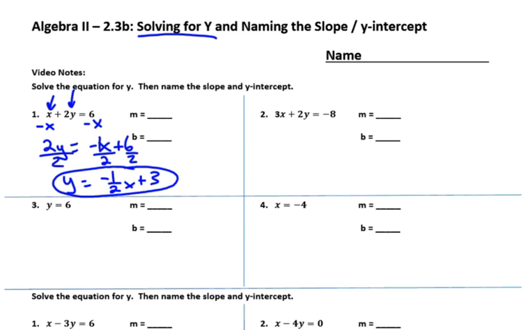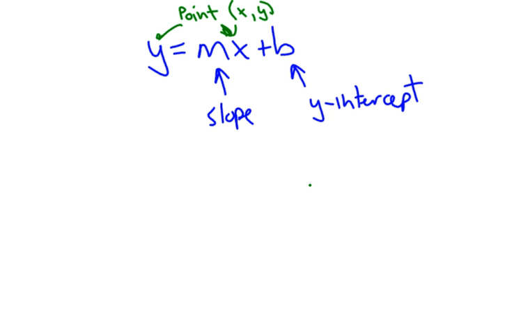Then we need to pick out the pieces of this equation that will help us graph. We look at that general form as being what's called slope-intercept form, because it's going to tell us the slope and the y-intercept. That general form is y equals mx plus b. The m and the b could be positive whole numbers, fractions, negative whole numbers, almost anything.